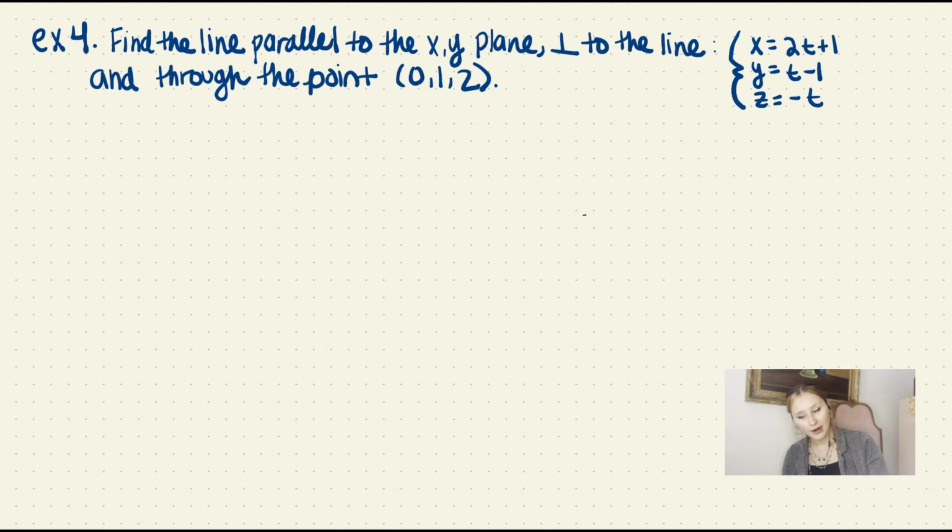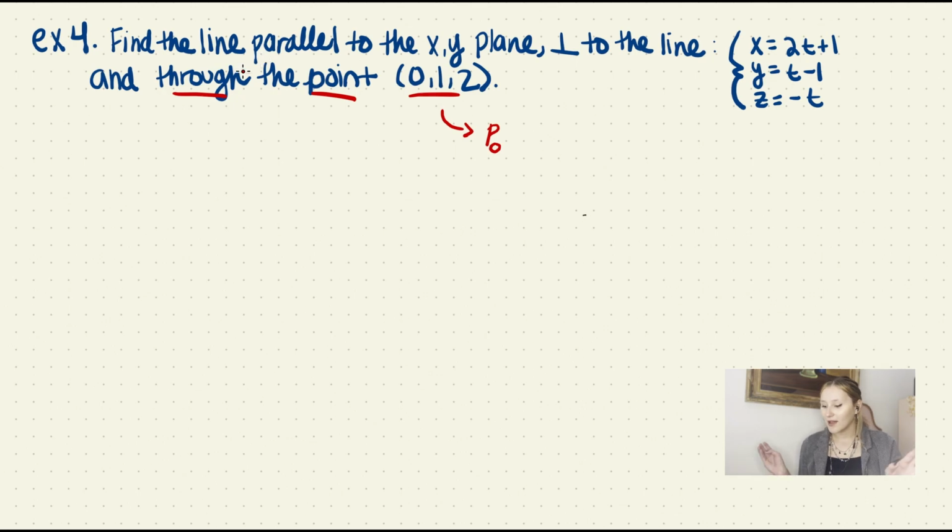Okay, example 4. Find the line parallel to the xy plane, perpendicular to the line x equals 2t plus 1, y equals t minus 1, z equals minus t, and through the point 0, 1, 2. First step, done. The point we have found already.